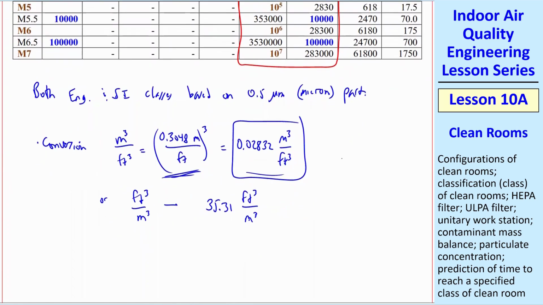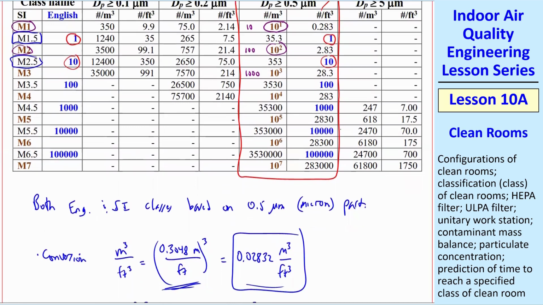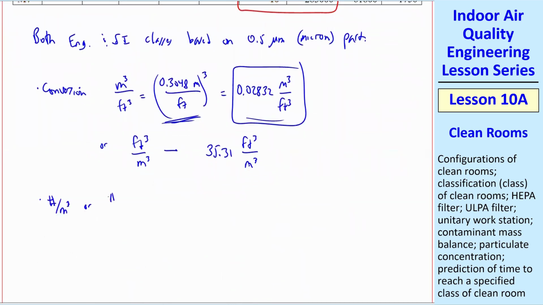By the way, these concentrations, number per meter cubed or number per foot cubed, are called number concentrations. We had mass concentrations, we had molar concentrations. For particles, you can still use mass concentrations, but we use instead number concentration, the number of particles per cubic foot or per cubic meter.